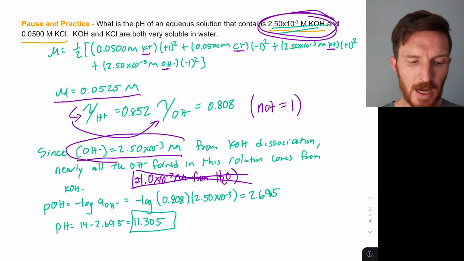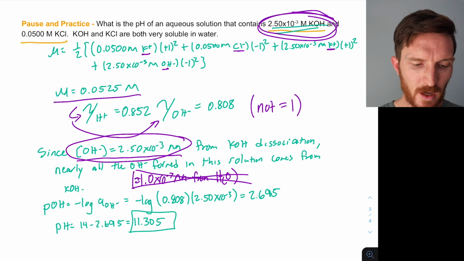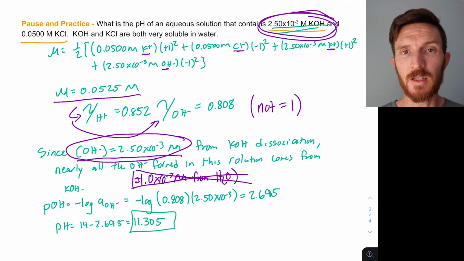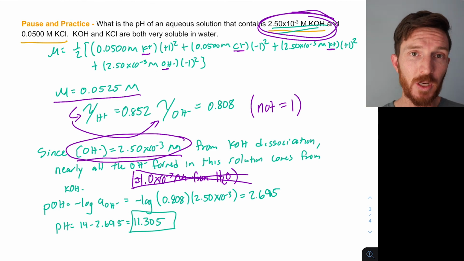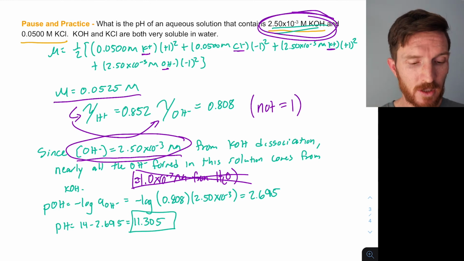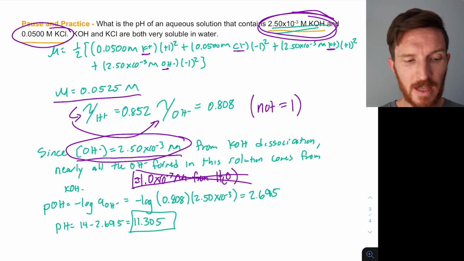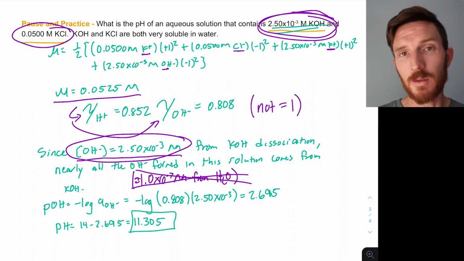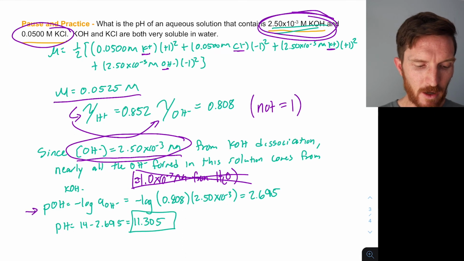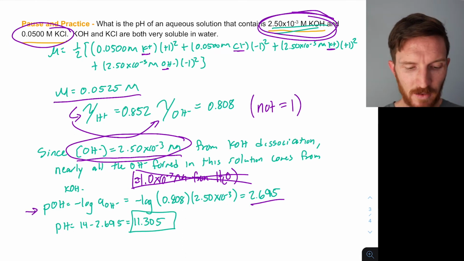So that means we could take the concentration of our hydroxide ion to be the same as what we get from our potassium hydroxide. We just need to make sure we include the thought about our activity. Remember, our activity is going to reduce that amount, because we have a pretty good amount of potassium chloride and potassium hydroxide here. So now we can find our pOH, the negative log of our activity.